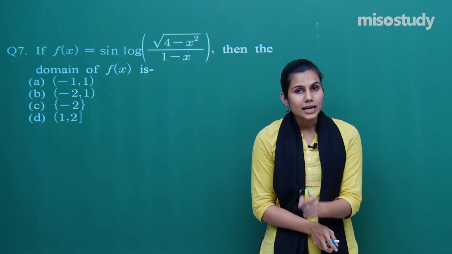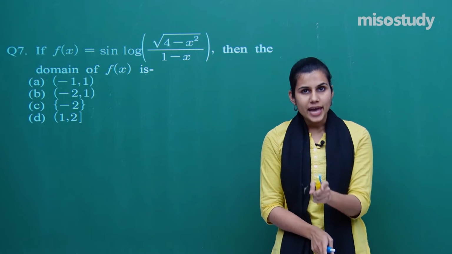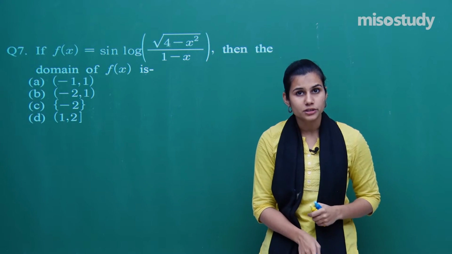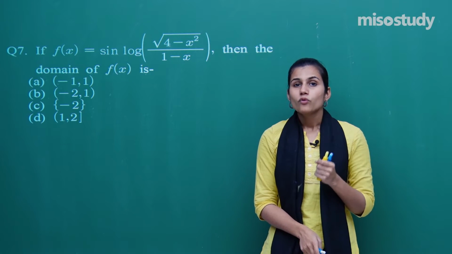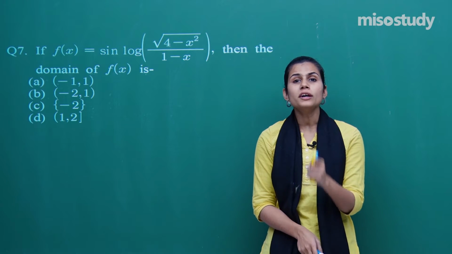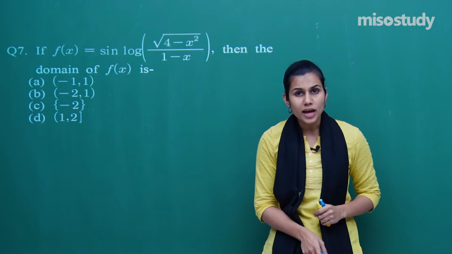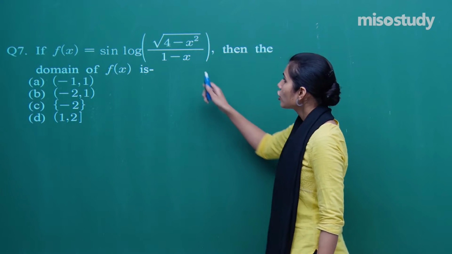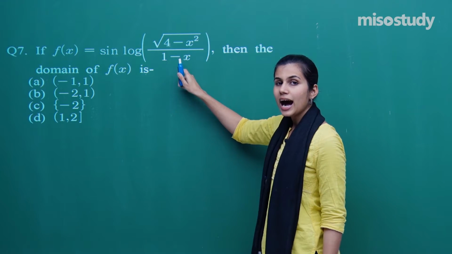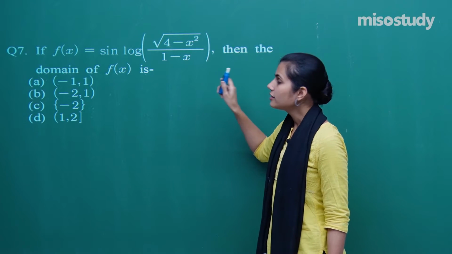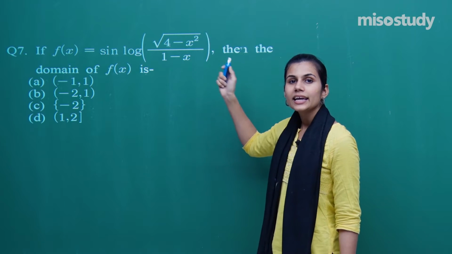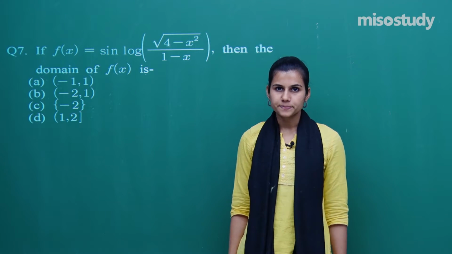By valid inputs I mean what are the values of x for which f(x) is going to deliver real values as output. If there is any x corresponding to which f(x) is not delivering real value as output, don't put that x inside the input set of f. And that means corresponding to this machine defined like this, I have to find out what are the real values for which this machine is delivering real output.